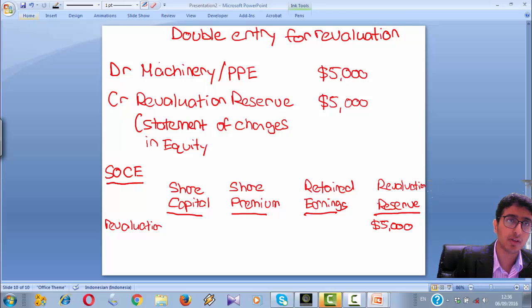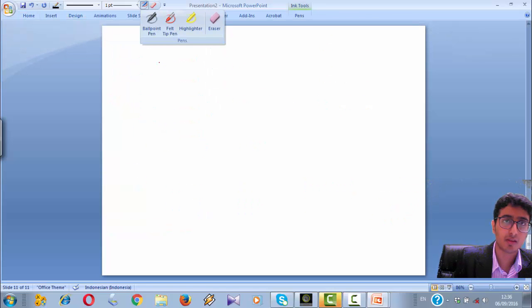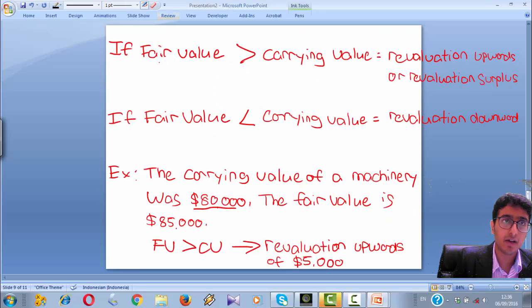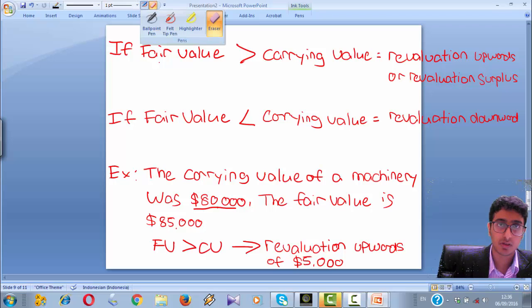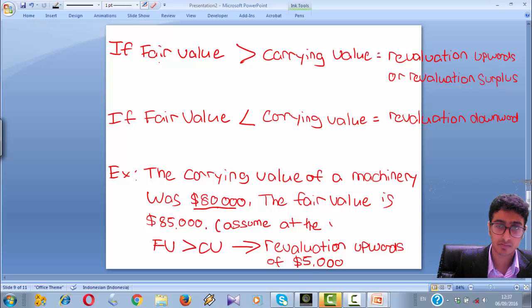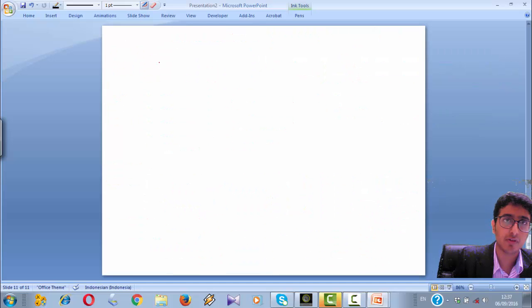Now how about in the financial position? Let us assume that the fair value is $85,000 at the year end. Now, what will happen in my statement of financial position?